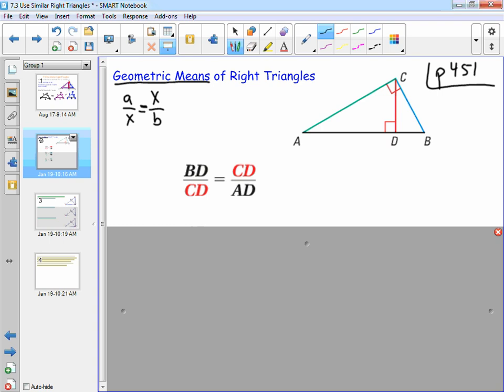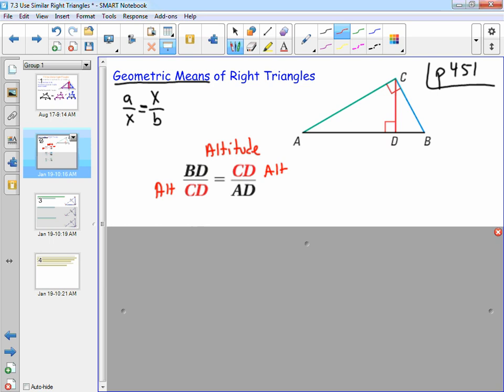All right. In this method, our first one is the altitude. The altitude of the original triangle is segment CD. The altitude is the geometric mean of the two pieces of the hypotenuse it creates.